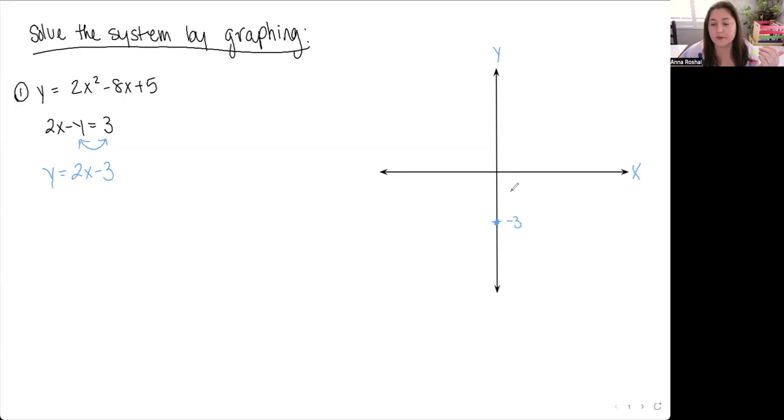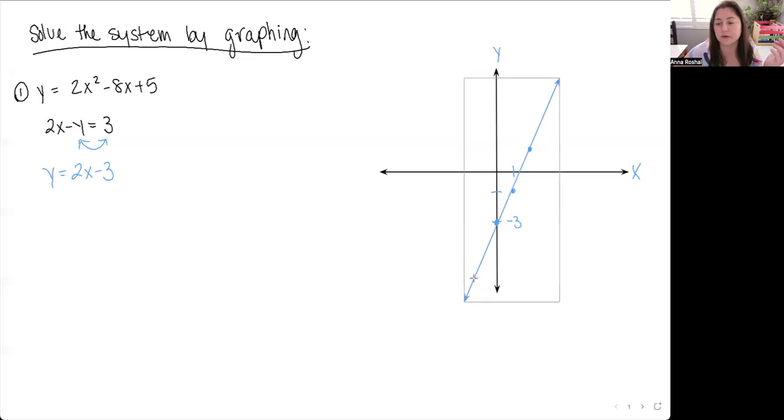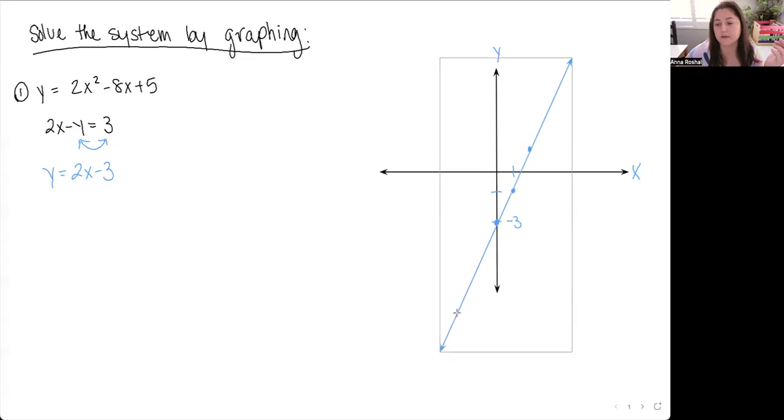And then I'm going to go over 1, then I'm going to go up again, and so on and so forth. I'm going to connect these dots with a really long line so that we can see the general direction. Okay, beautiful. So that's the easy one we've got down.